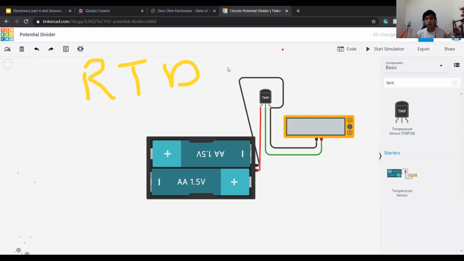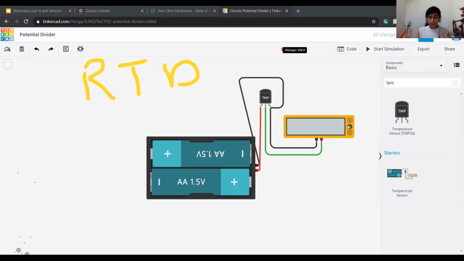Right. So now, guys, you remember how we had the voltage dividing circuit here earlier, right? We had a resistor on one side, and the other side was an LDR, and the value of its resistance changed as the amount of light falling on it changed.